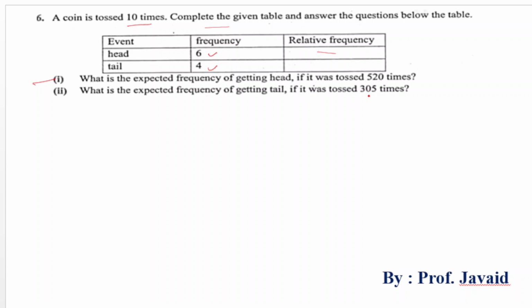So first of all, we have to find the relative frequency. The total number of events: the coin was tossed 10 times, it's given. So let's write the solution.